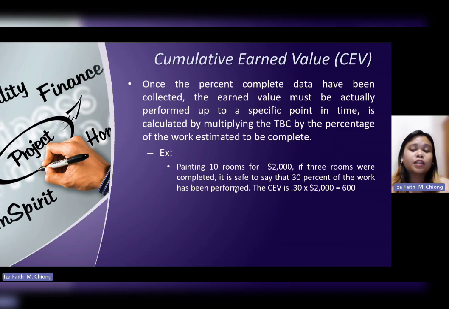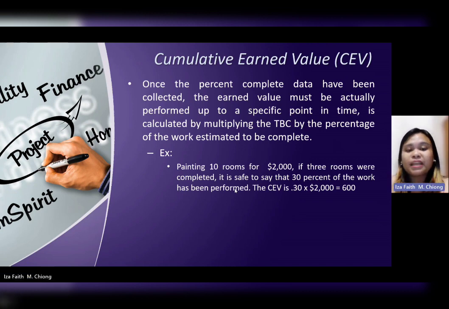So it is also a measure of the total value of the work that has been completed on a project up to a certain point in time. So from the word cumulative, it is calculated by adding up, as mentioned, the EV for each reporting period from the start of the project until the current reporting period.